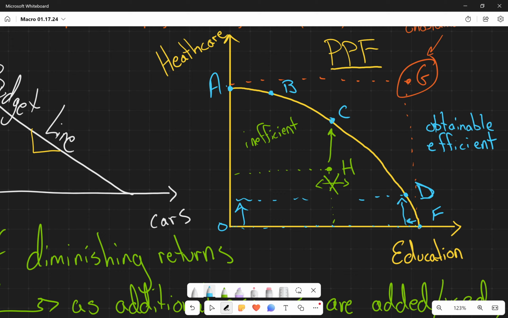But we're doing that with resources that are probably better used for healthcare or for something else. So anytime we start to fixate on the heavy production of one industry or another, the more we produce of that industry, the more we have to give up in order to get a little bit.